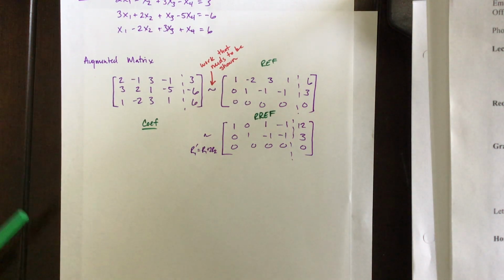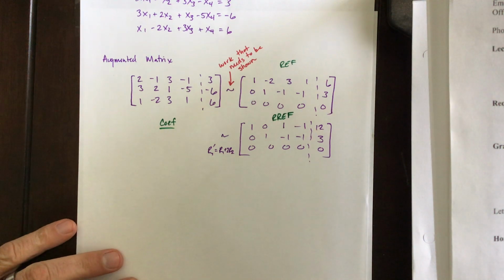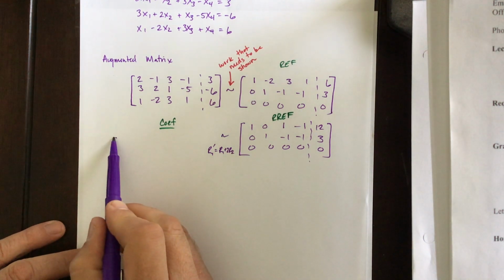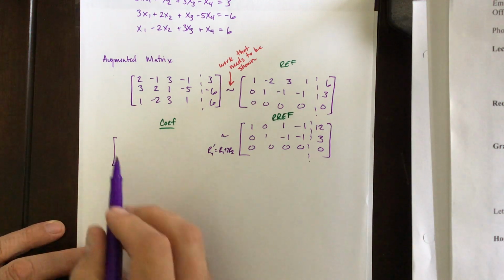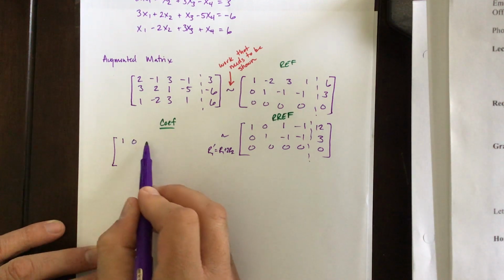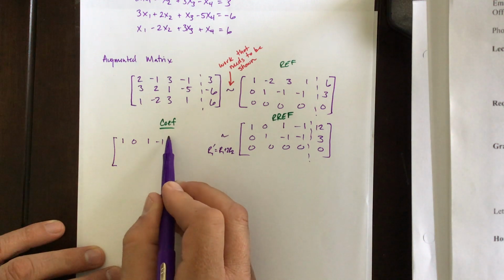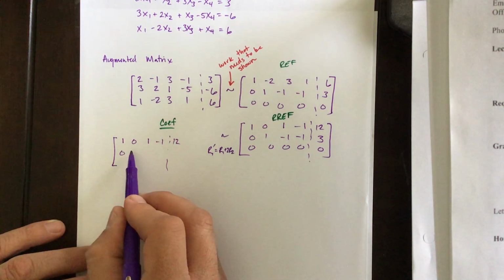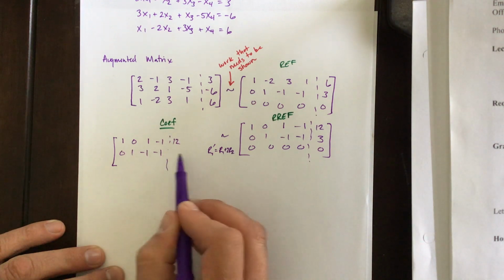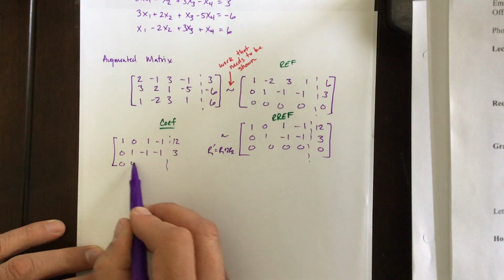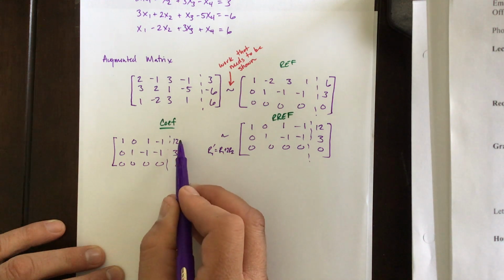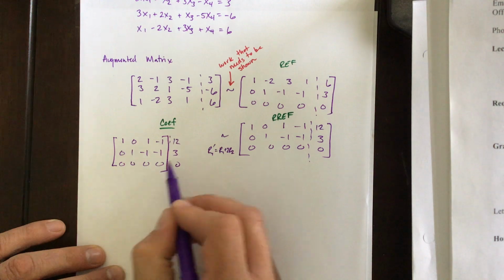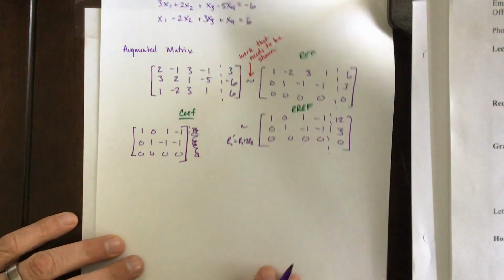Now, once we're in reduced row echelon form, let's write the coefficient matrix. The coefficient matrix is 1, 0, 1, -1, 12, and 0, 1, -1, -1, 3, and zeros. Oops, sorry, that's not the coefficient matrix, that's the augmented matrix. Let's get rid of that.